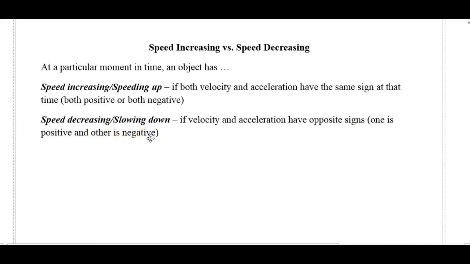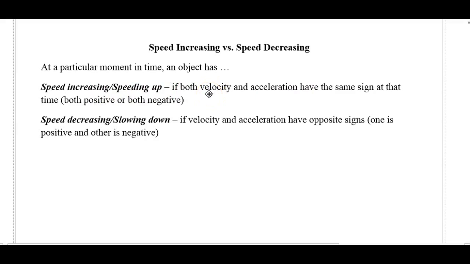To think about this, I always talk about driving a car and stepping on the gas in a forward motion. So if velocity is positive, meaning that you're moving forward, and you accelerate, so you step on the gas, then velocity and acceleration have the same sign, and you're going to be speeding up in the car.